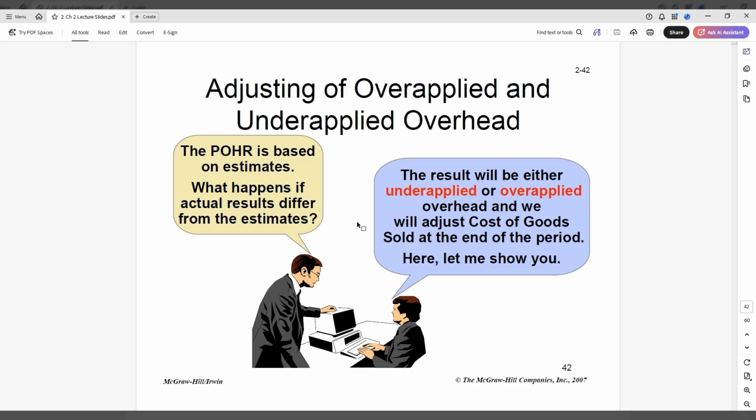That's impossible, for any period. So you will always have either underapplied or overapplied overhead. And whichever one we have, whether we estimated too low or too high, regardless, we're just going to go in and manually adjust cost of goods sold at the end of the period to account for that and to close out the overhead account.